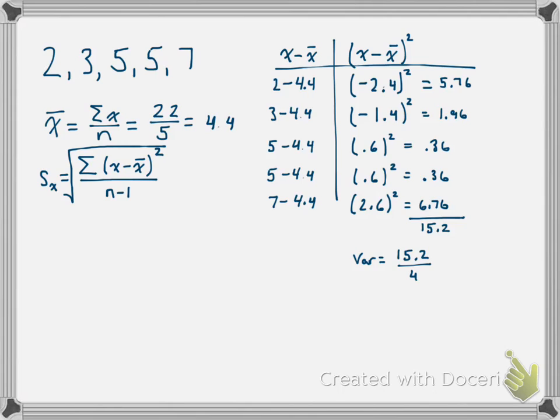So if I divide those two, I've got 3.8 for my variance, which is simply the standard deviation squared. And then finally, the standard deviation is going to be the square root of 3.8, and that is about 1.95.